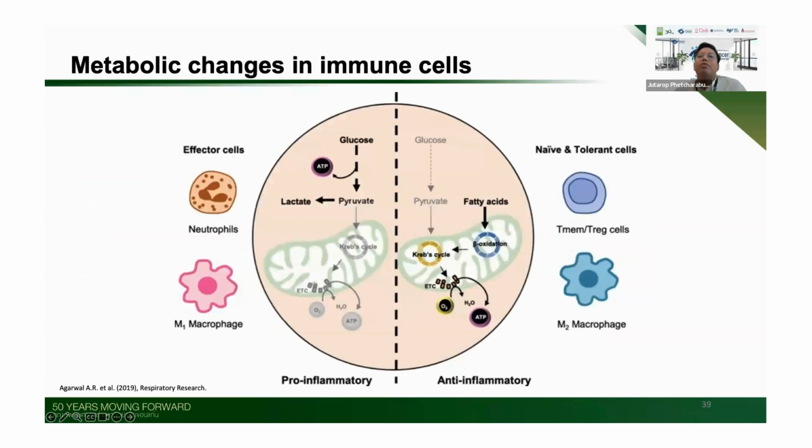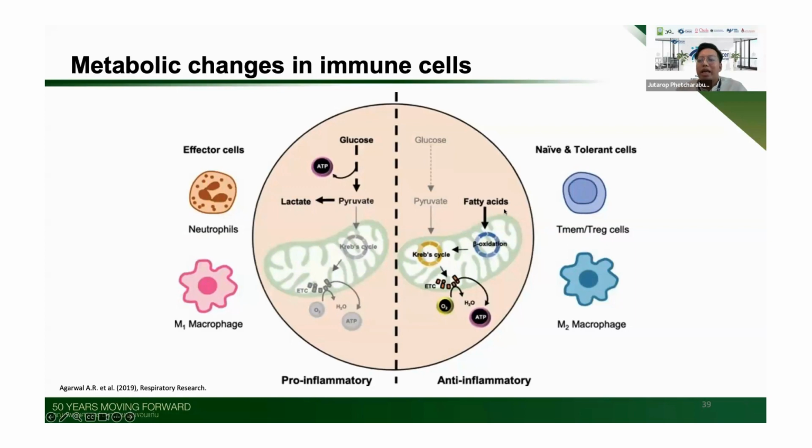So this schematic diagram demonstrates the metabolic changes in immune cells based on inflammation status. Glucose, as you know, is a primary or principal substrate used by the effector cells such as neutrophils and M1 macrophages for the generation of energy, right? And these are also the cells which are the first responders to initiate an inflammatory response and thus are pro-inflammatory in nature.